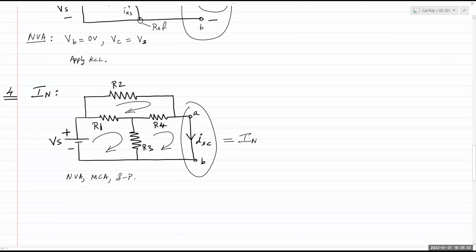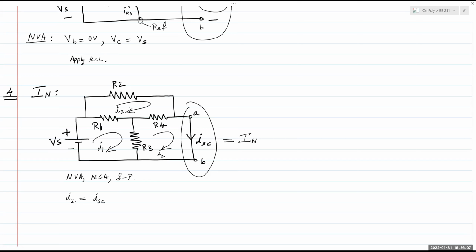But if I was to label this as, let's see, I1, I2, and I3 as my 3 meshes, I can say that I2 is equal to ISC because they're in the same direction. So if I find I2, that is my Norton current. Okay. You can of course use node voltage analysis, find the voltage between the 2 nodes, and then find current that way. Doesn't really matter how you do it.